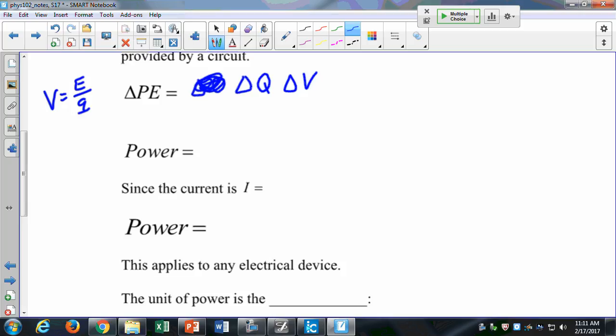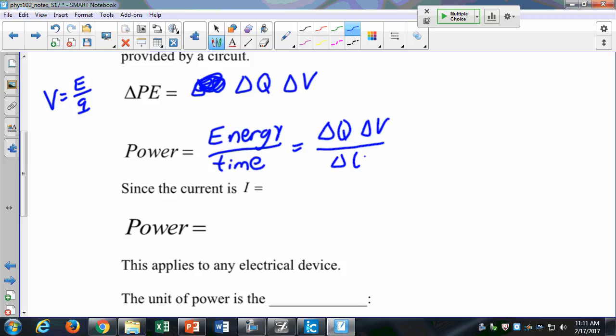So if I look at this as a function of time, because I know that power is energy per time, that is our definition of power. Remember from last semester, power is in watts. It's measured as energy per time or work per time. And so my power is equal to delta Q V divided by delta T. But now you say to yourself, oh, something in this looks familiar, because we've already defined this.